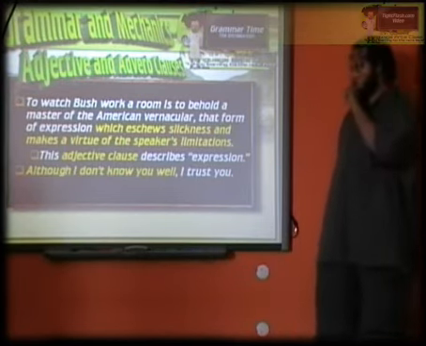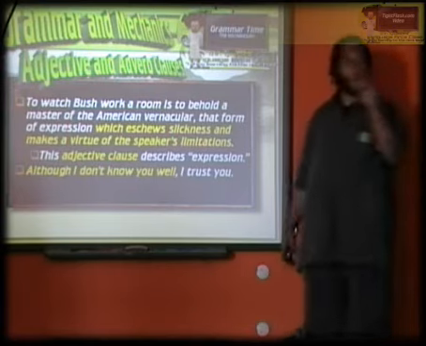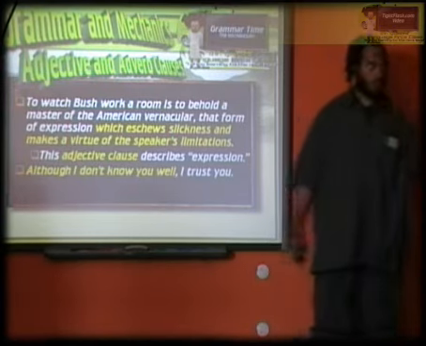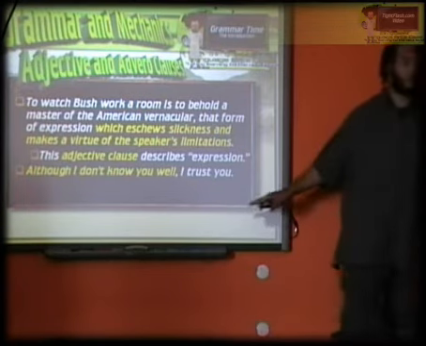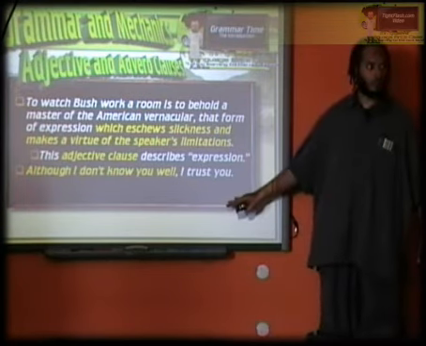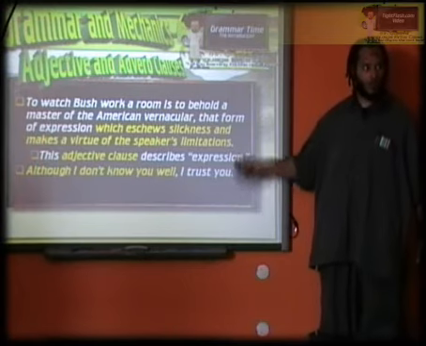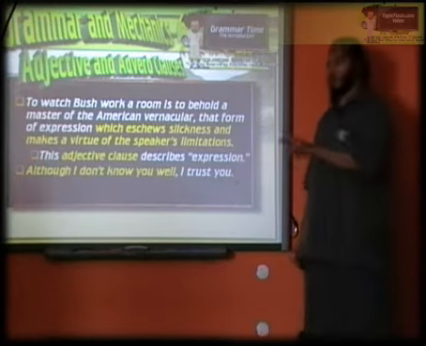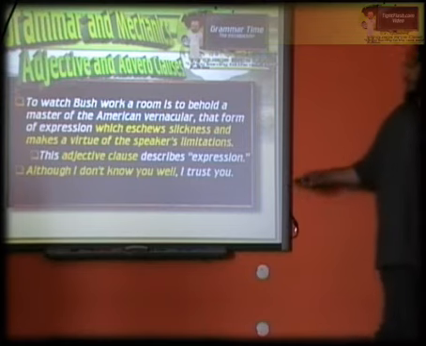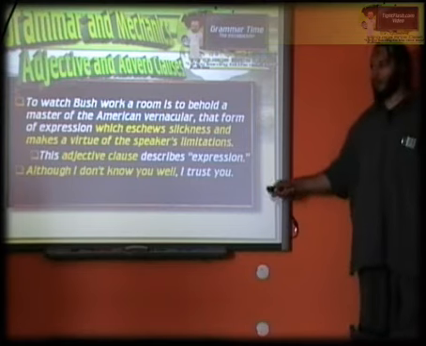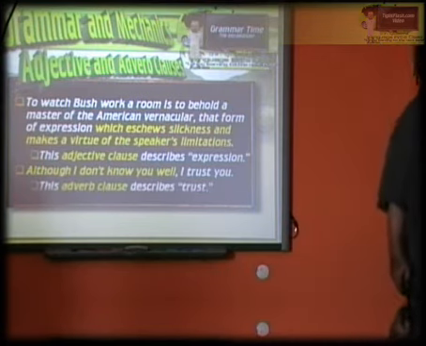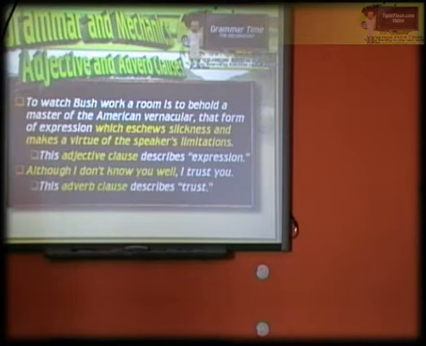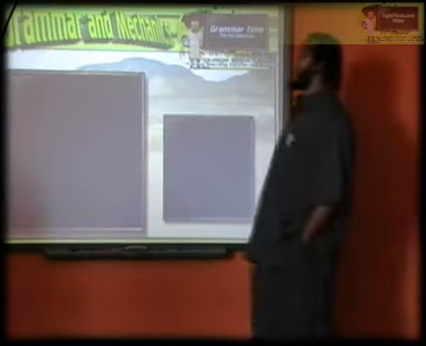Right. And it's modifying trust. So both of you had an idea that it was modifying trust. I agree. That's pretty good for this to be an introduction here.